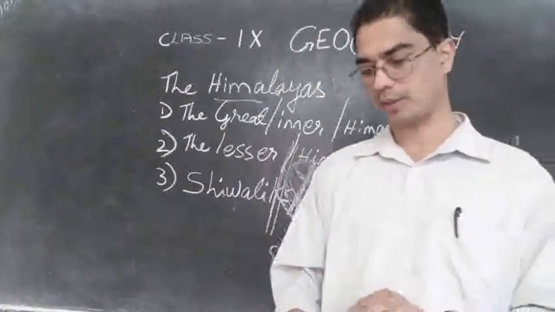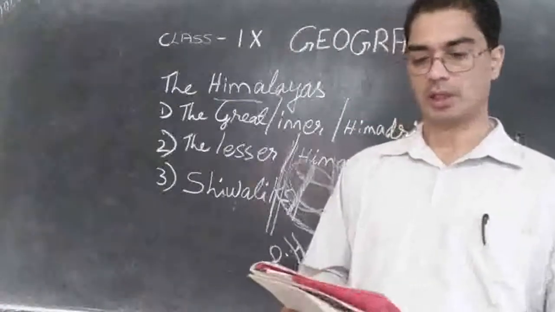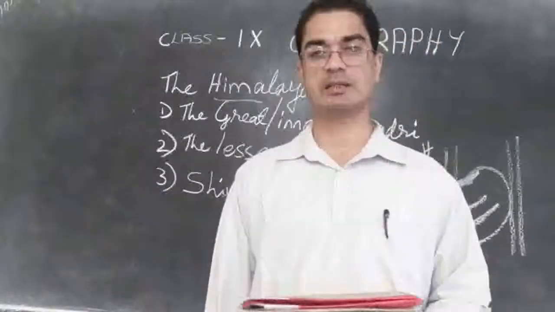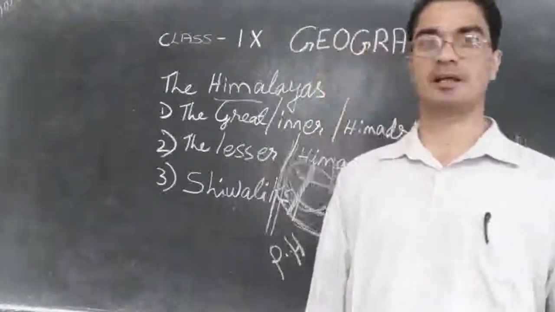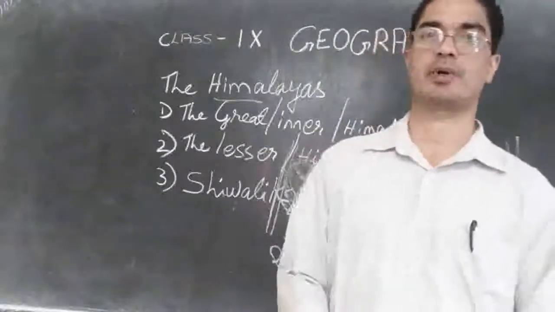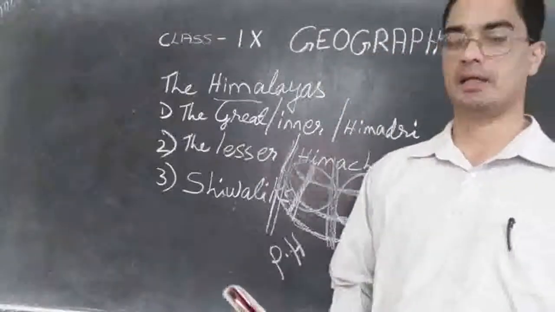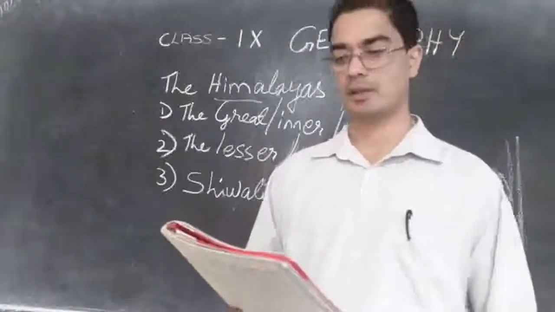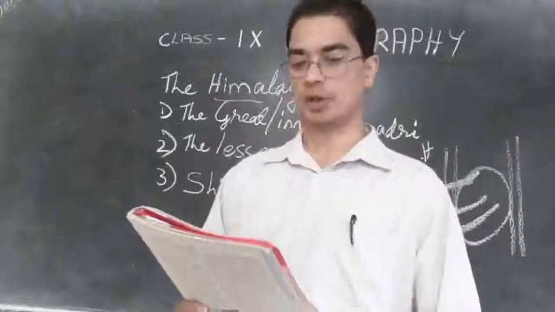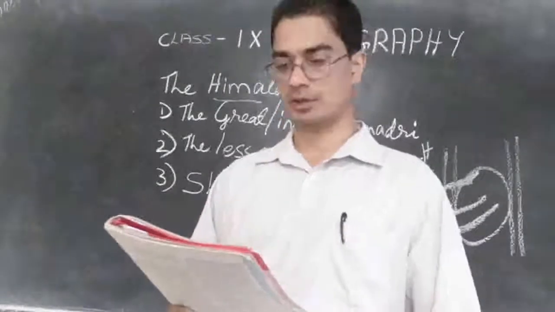And the Purvanchal comprises the Patkai hills, the Naga hills, the Manipur hills and the Mizo hills. You can underline that. So this Purvanchal is comprised of four hills. What are they? The Patkai hills that you will find in Nagaland, the Naga hills, the Manipur hills and the Mizo hills.